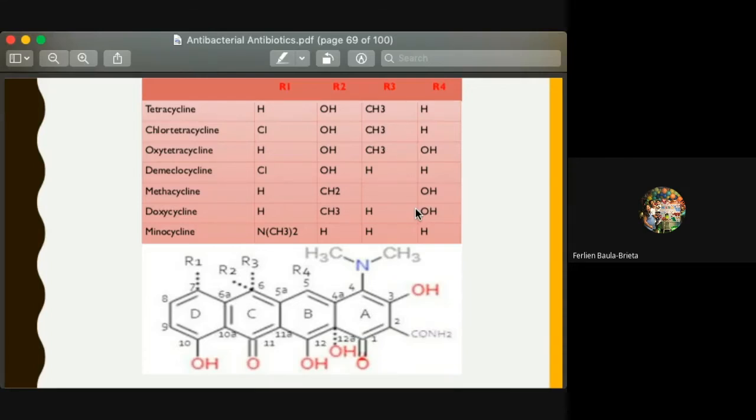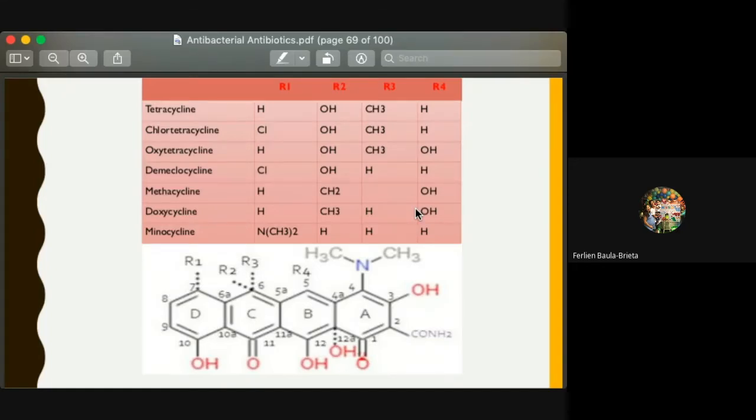So since it has no methyl, that is why it has the name D-me. That is from the process of demethylation, the removal of methyl. Now, I hope you understand why you have a drug called demeclocycline. And the clo there is obviously from chlorine.